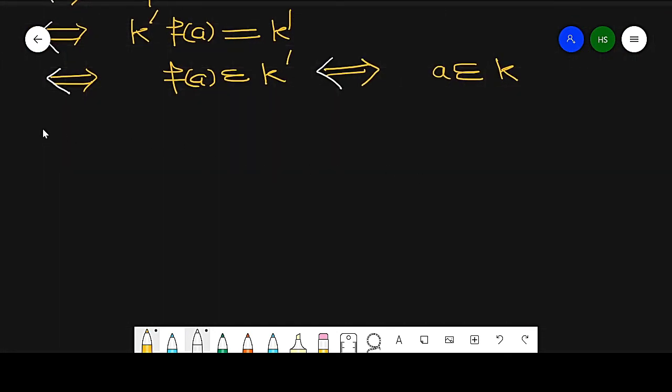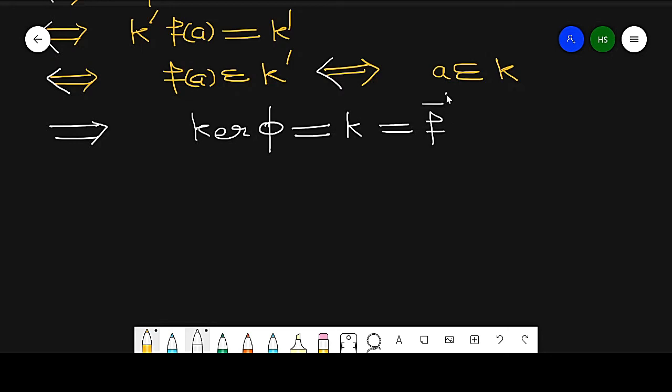If it satisfies the same condition, so what we get? We get kernel of phi which is equal to K. So what is that? That is f inverse K dash. So remember, it is f inverse K dash.